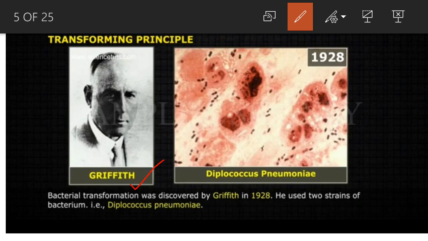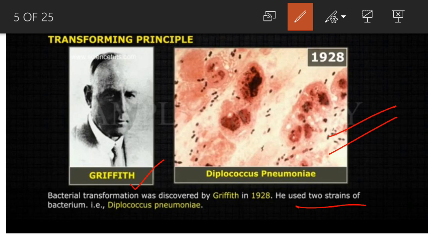In 1928, Griffith performed a series of experiments with Streptococcus pneumoniae or Diplococcus pneumoniae. This bacteria caused pneumonia, and he noticed that there was a transformation in the bacteria during the course of his experiments.